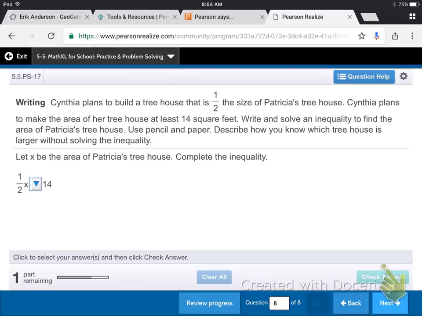Let's knock this out. This question says, Cynthia plans to build a treehouse that is 1/2 the size of Patricia's. Cynthia plans to make the area of her treehouse at least 14 square feet. Let's stop there. When you see the words at least, what does that mean in terms of an inequality? At least means more than.